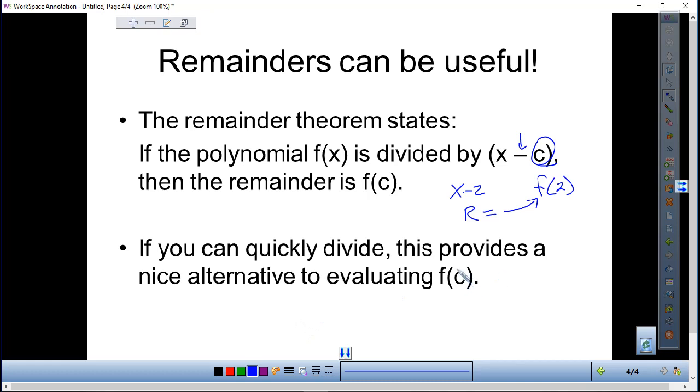Not only that, but if f of c equals 0, what do we know? That's an x-intercept. So if you're looking at the graph, what do we know? We're going to have remainders of 0 for all of the values where the graph is going to hit the x-intercept, or the x-axis. But we'll talk about that in future sections.